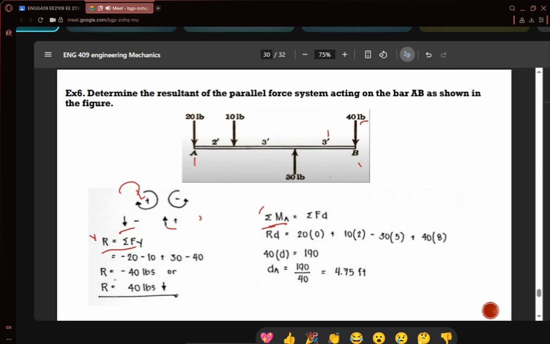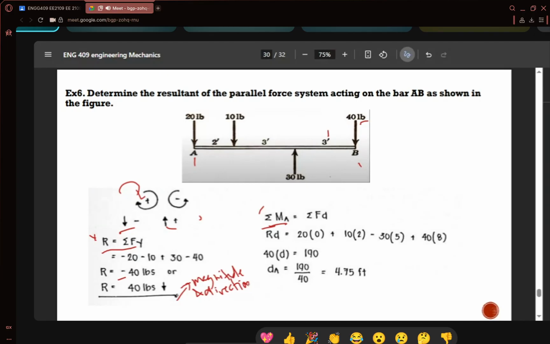Right? So the resultant sum is negative 40 pounds. So again, the sign convention is for the direction, but in your final answer, you will still write the magnitude or the absolute value. So that's 40 pounds downward. This is your magnitude. Okay, now, magnitude and direction actually. The direction is stated already.